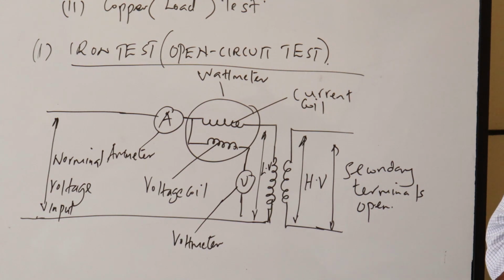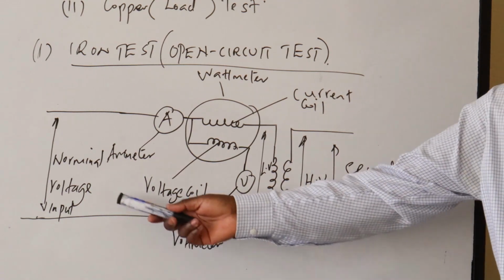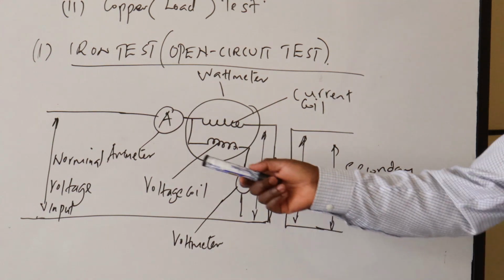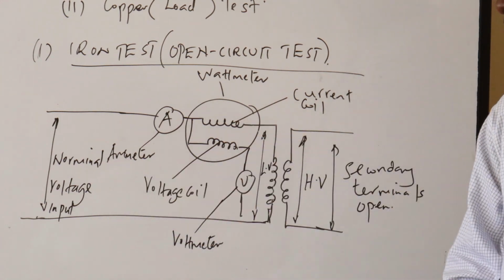And any time in an electrical circuit when the terminals are open, then we have what we refer to as a high voltage winding, because at that point the voltage is maximum, but it's hanging on the terminals. But any time the circuit is complete, there is normally a low voltage, because when we connect a nominal input voltage through the primary end, you have a complete path all the way back to the source.